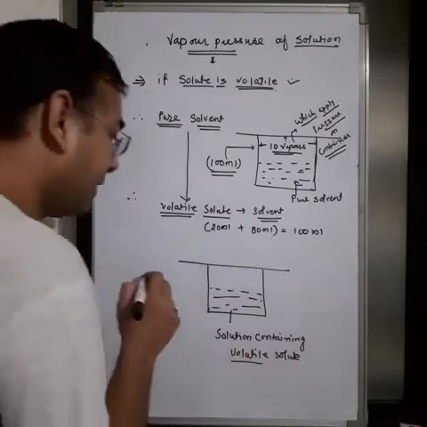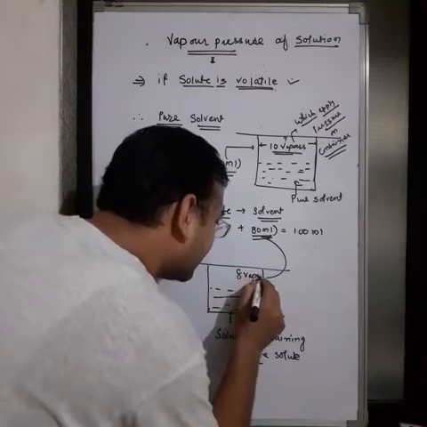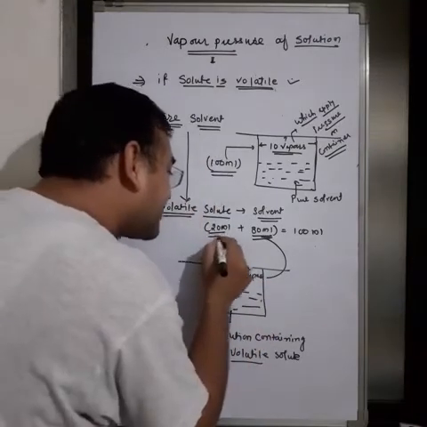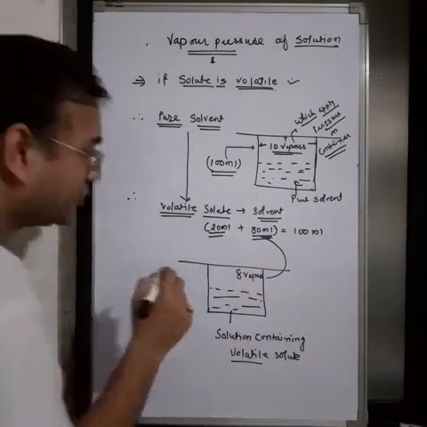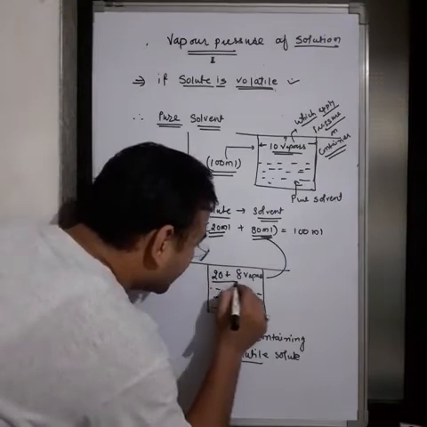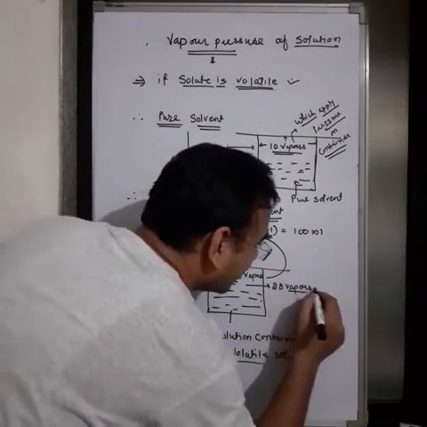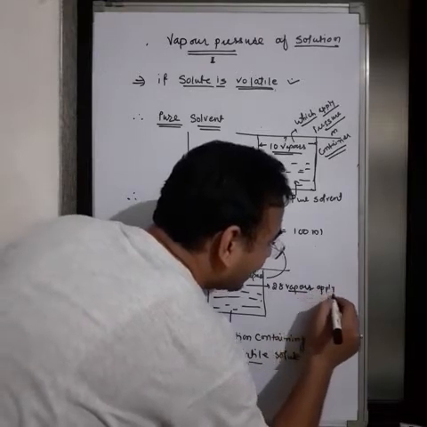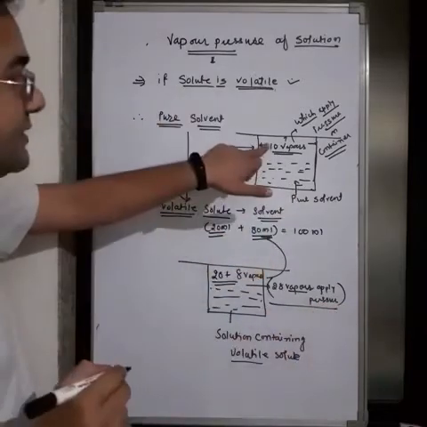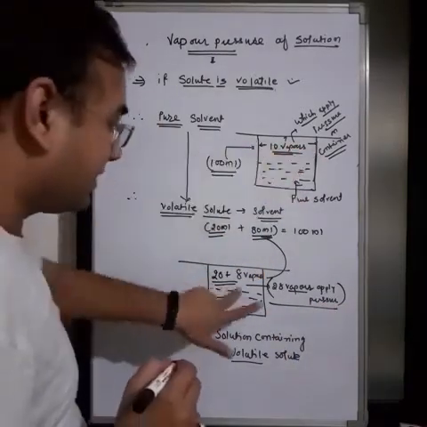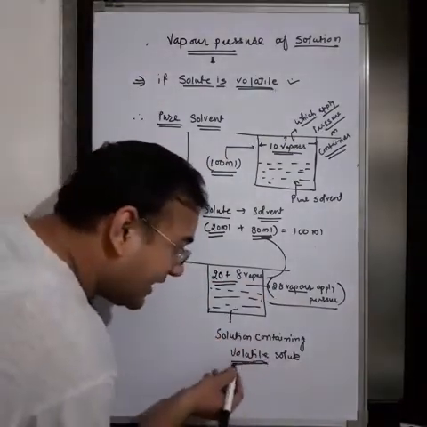Due to the 80 ml, we get 8 vapors, but this 20 ml of volatile solute is 100% converted into vapors, so it is 20. So total 28 vapors apply pressure. Here 10 vapors apply the pressure, here 28 vapors apply the pressure when we have a volatile solute.